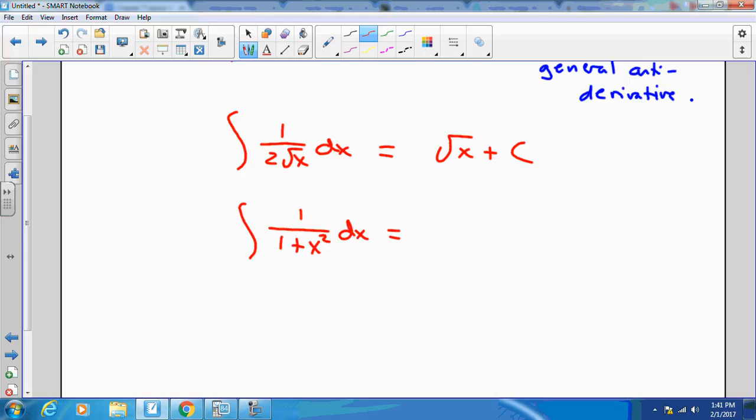Or, suppose I did, here's a tricky one. The antiderivative of 1 over 1 plus x squared. A function whose derivative is 1 over 1 plus x squared. What is that function?